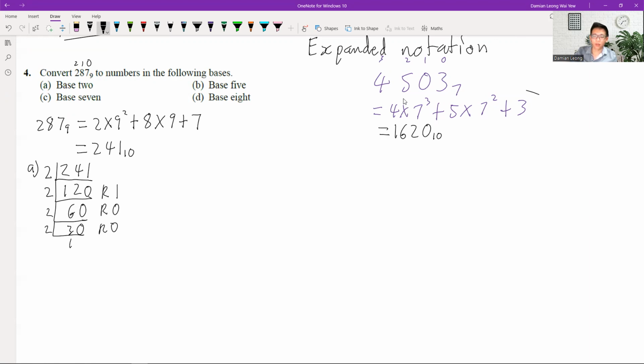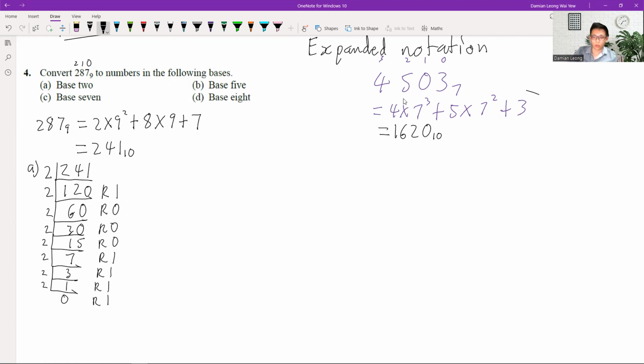Divide by 2 again, 15, no remainder. Then divide by 2 again, it's 7, now with a remainder of 1. Divide by 2 again, 3, remainder of 1. Divide again, 1, remainder 1. Don't stop at 1. Still divide by 2 again. It is 0, but with a remainder of 1.